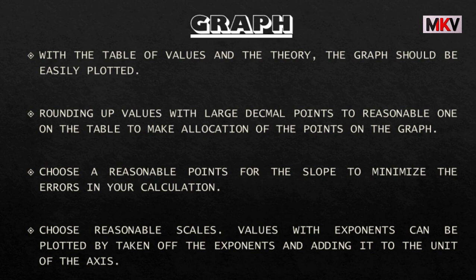That will give you minimum error, but choosing small or in-between values can maximize your error. So note that too. Your error is sometimes picked up from the kind of slope you pick from your graph. So note that you're supposed to choose reasonable points for your slope.